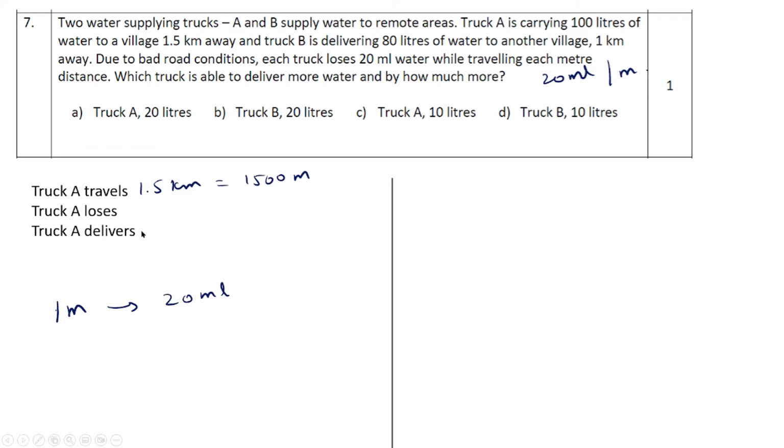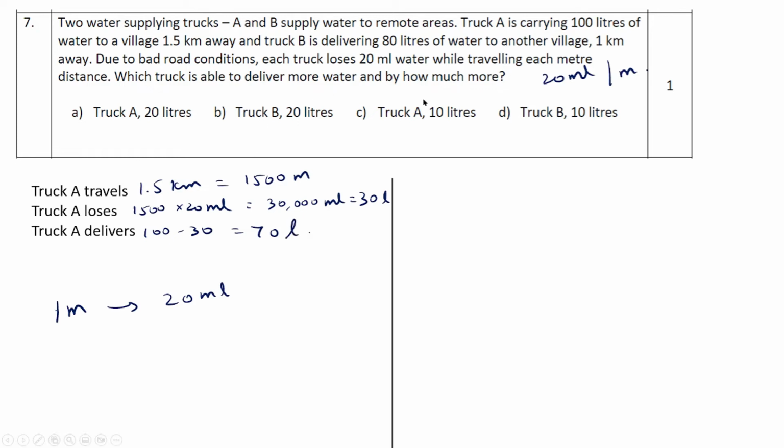So for 1500 meters, truck A loses 1500 into 20 ml, which is 30,000 ml. This 30,000 ml is nothing but 30 liters. As a result, truck A carries a total of 100 liters. It loses 30 liters. As a result, it delivers 100 minus 30 equal to 70 liters.